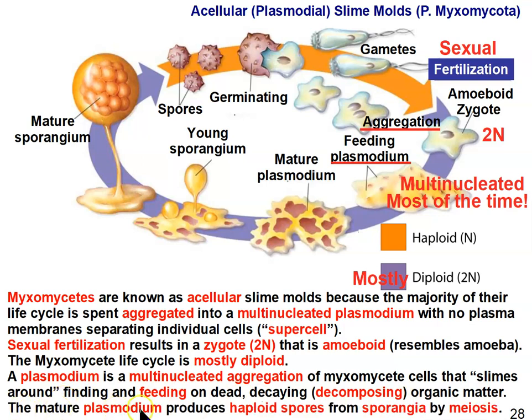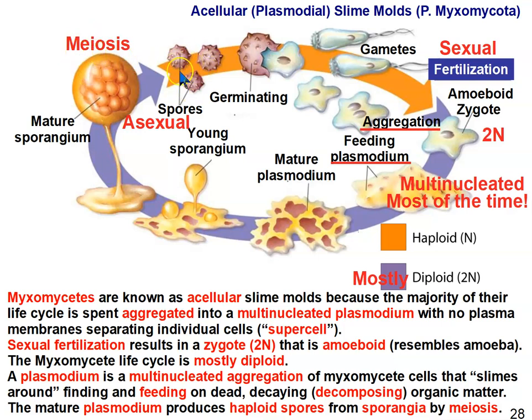But the plasmodium eventually matures, and that's what we're seeing going on here, and as it matures, it produces sporangia that asexually produce spores by the process of meiosis. And remember that the effect of meiosis is to reduce the number of chromosomes in half.